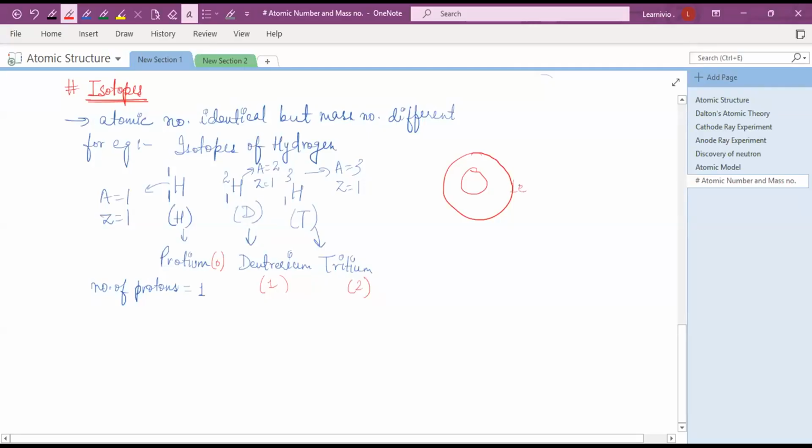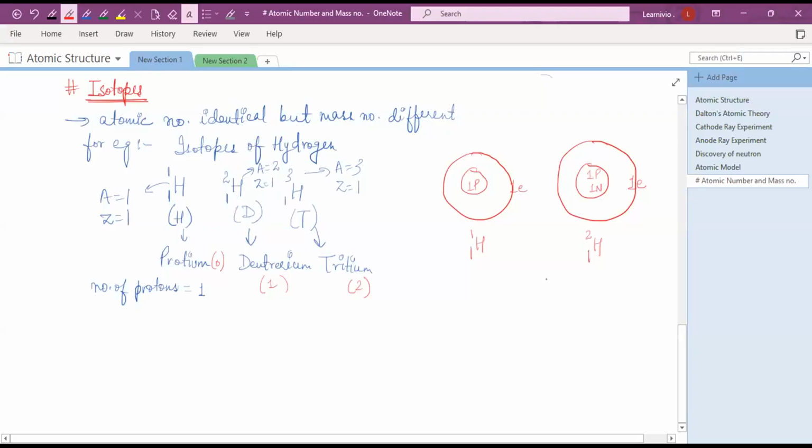So this will be the structure. One electron and only one proton are there for protium. One electron and one proton are fixed in all three. And this is the atomic structure of deuterium, one proton and one neutron.